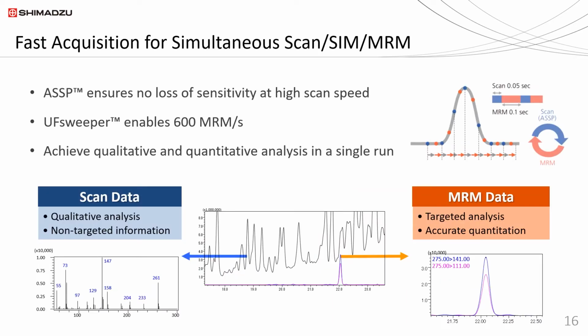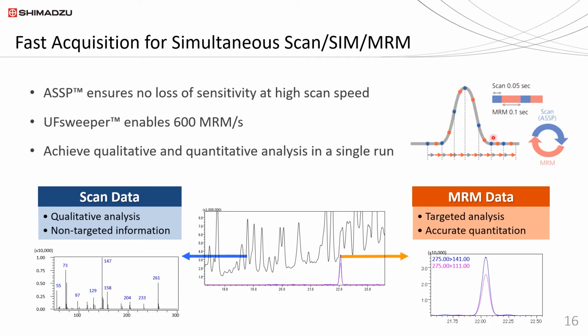The combination of the UFMS technology even enables the collection of scan and MRM data in a single run. For example, a program of 50 milliseconds in scan analysis and 100 milliseconds of MRM analysis can be carried out consecutively. That means, in a single run, you alternate between scan and MRM, scan, MRM, and scan, MRM.